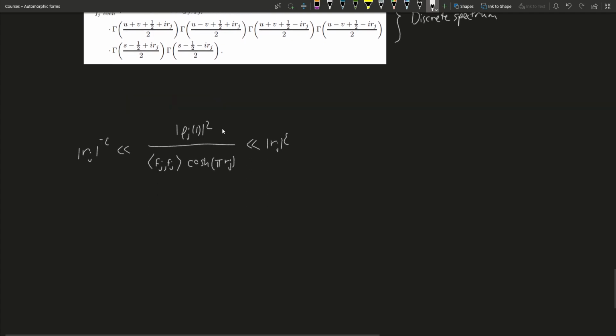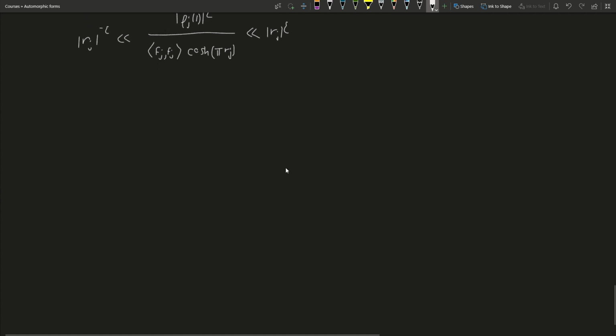Then for the rest, we're going to have to break this up into, well, normally it's 4 pieces. The first piece is Rj less than 1 plus the imaginary part of U plus the imaginary part of V, right?